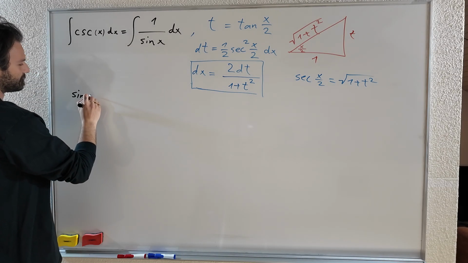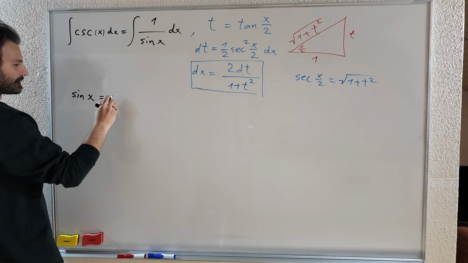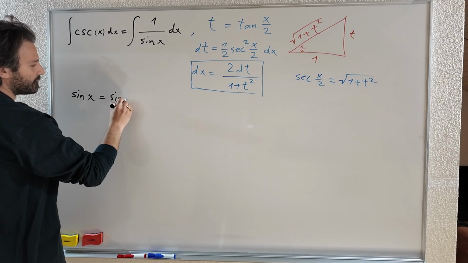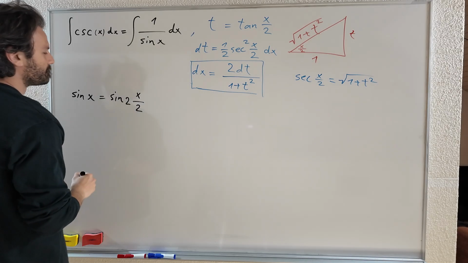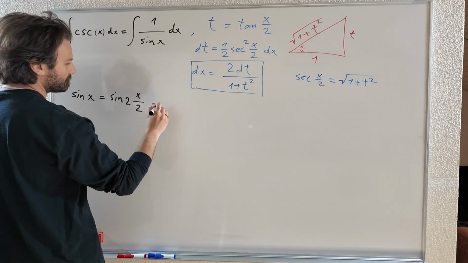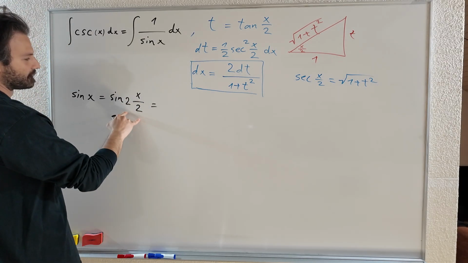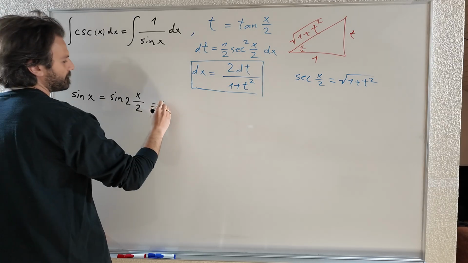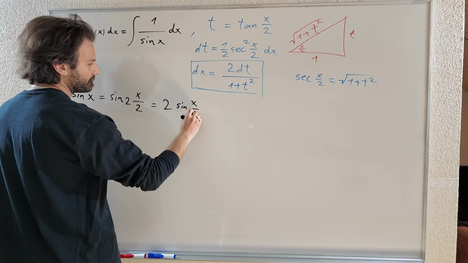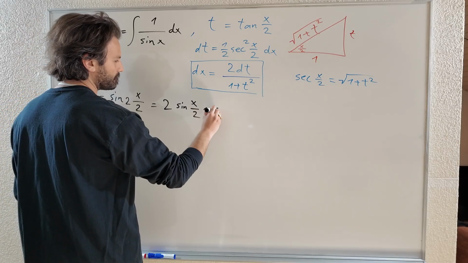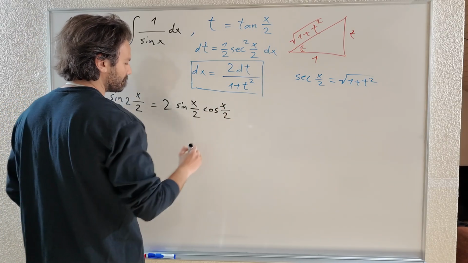This is the double angle identity of sine of x, which is equal to 2 times sine of x over 2 times cosine of x over 2.